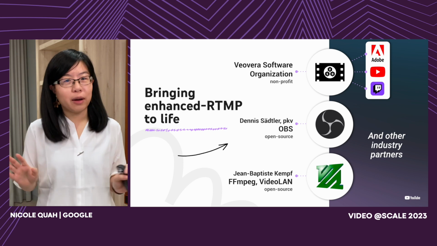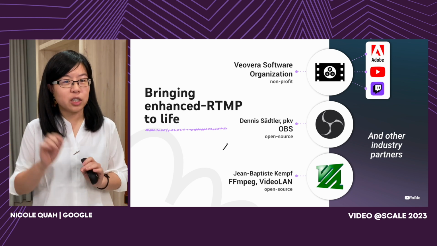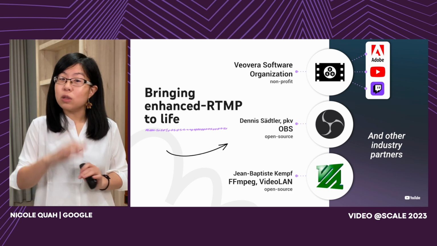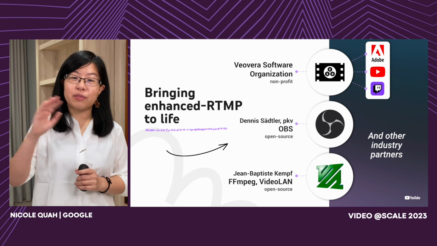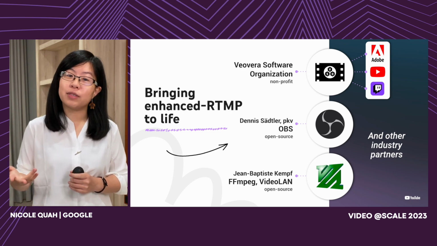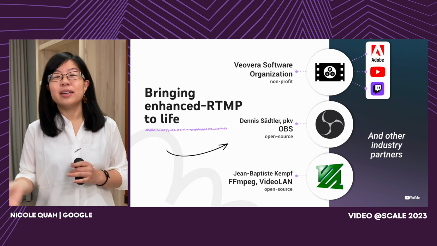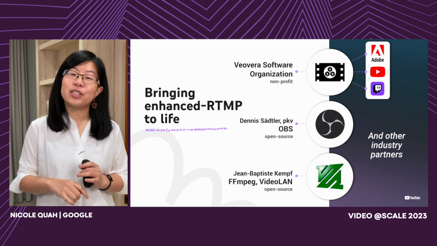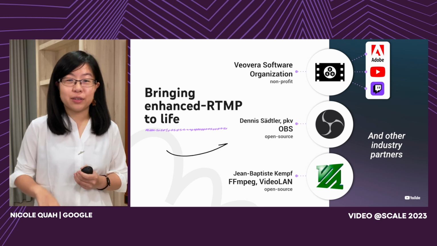There were many more partners and representatives from across the industry who were involved in critically shaping the spec. This also includes core members of communities like OBS and FFmpeg, and they could provide their expertise and their perspectives from the open source world. And I'll also give a call out that one of the original editors of the RTMP spec from 2012 was also involved in providing critical feedback.